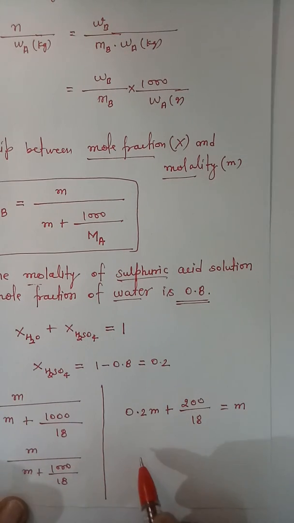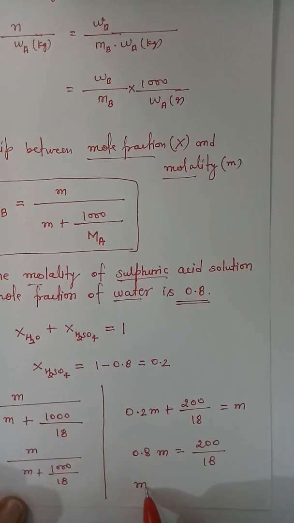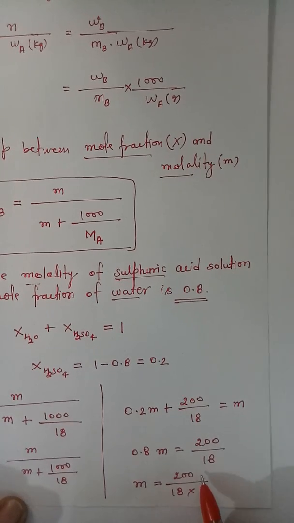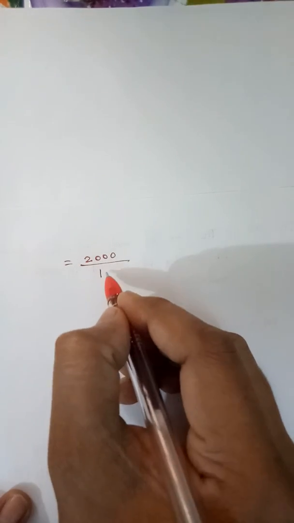So 0.8 m equals 200 upon 18. So m equals 200 upon 18 multiplied by 0.8, which is equal to 2000 upon 144.